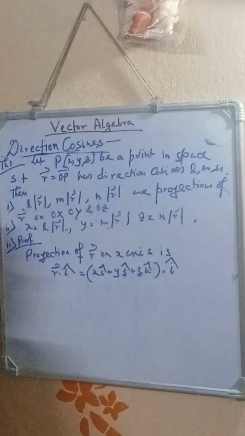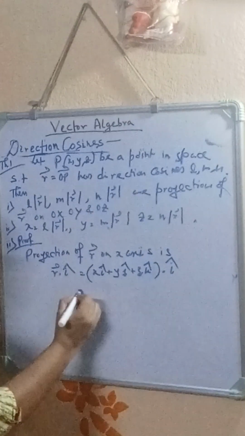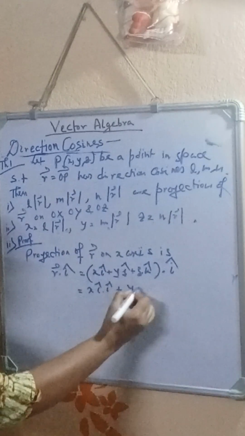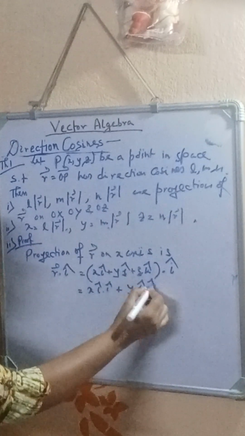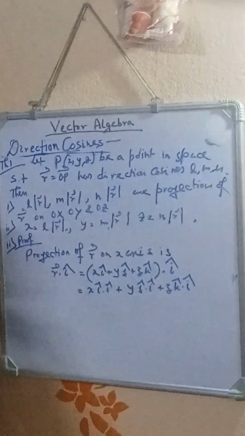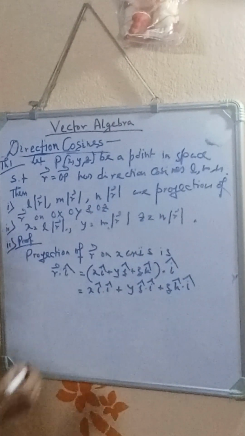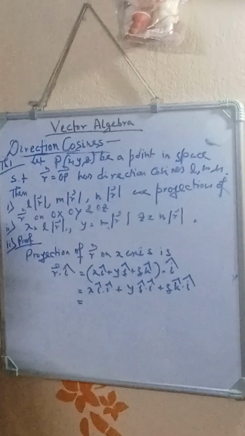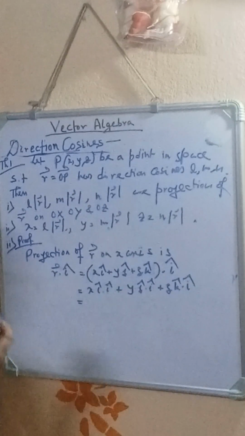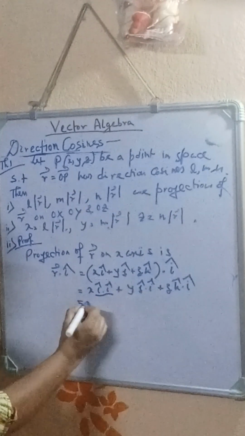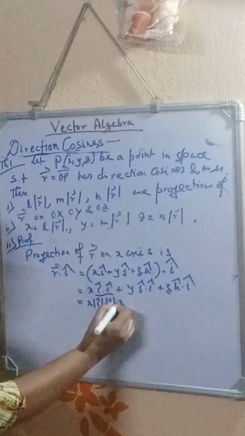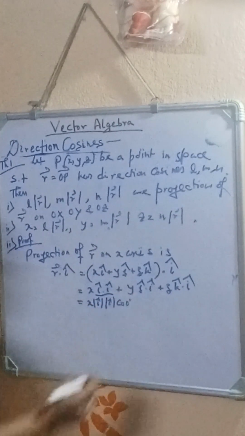Now, x i cap dot i cap plus y j cap dot i cap plus z k cap dot i cap. The angle of the x axis with itself is 0. Therefore, i dot i equals x |i cap||i cap| cos 0.